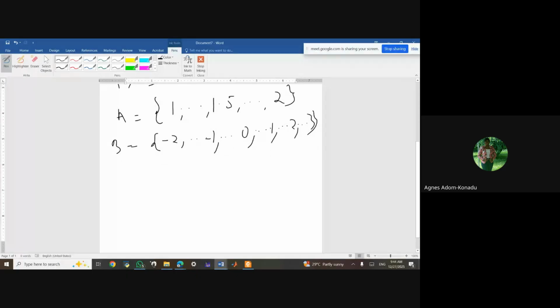So the cross product A cross B, we said that the first element always comes from A. So I have 1 and -2.